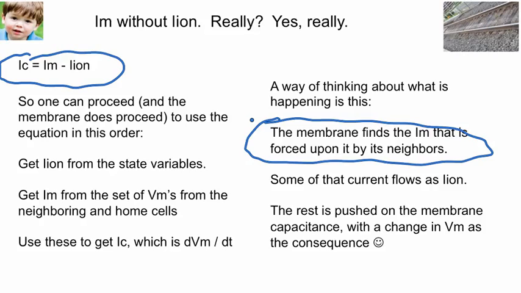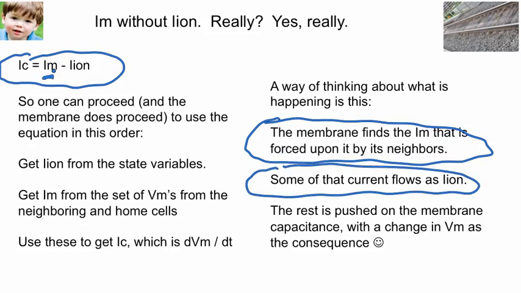Now, of the total Im, some of the current flows as ionic current. So we've got to have the membrane current because that is what is demanded by our neighbors. We can compensate and provide that to some degree by the ionic current. Therefore, we subtract it from the total that's required.